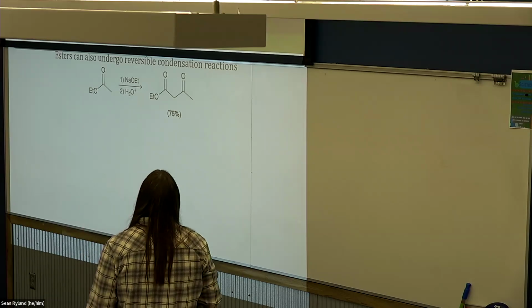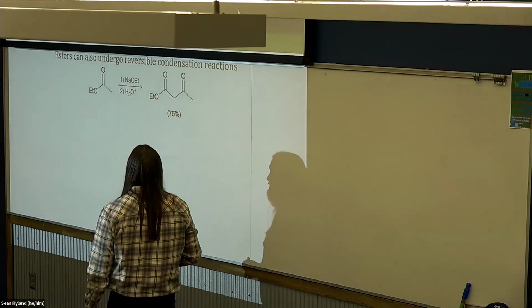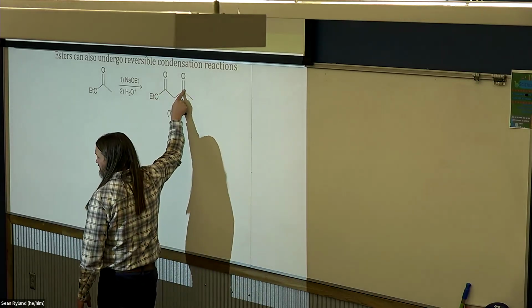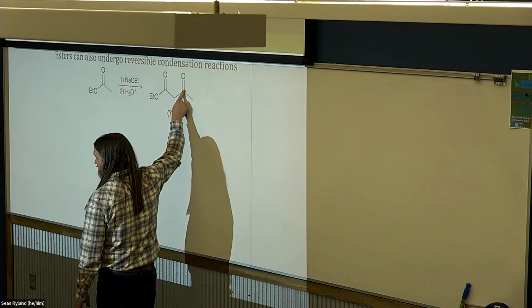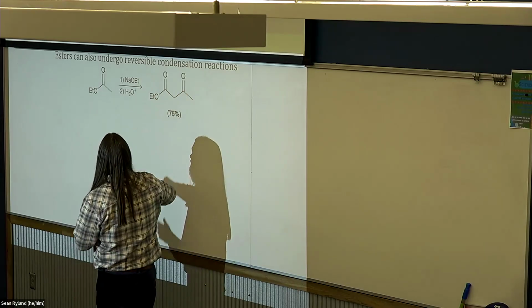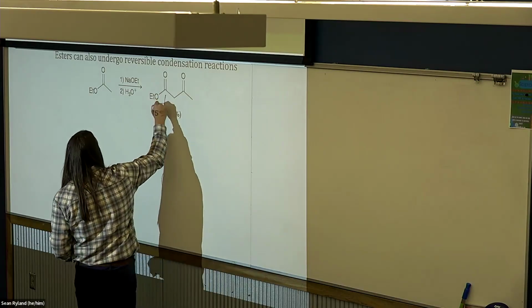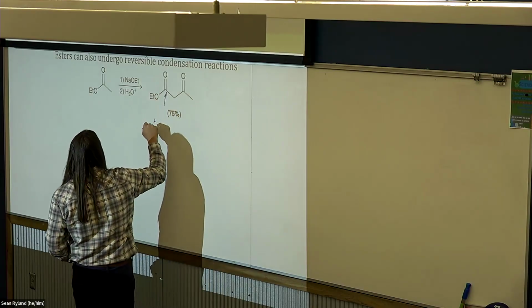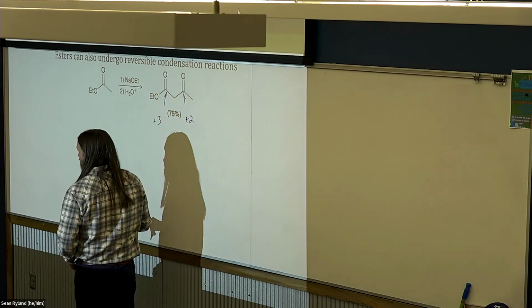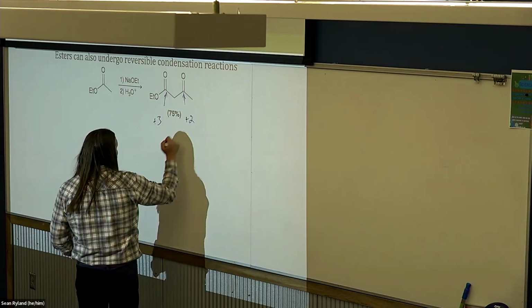The interesting thing about the esters going through the condensation reaction is that they both stay as carbonyls. It's still a reduction reaction because we go from a carbon with an oxidation state of, I think that's +3 to +2. No, to 0.